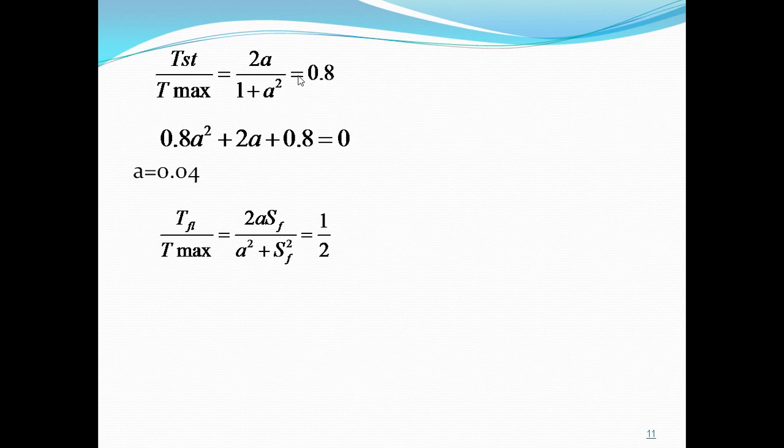Next, he has given a relation, T full load by T max is equal to 2as by a square plus s square, that is equal to 1 by 2. So substitute the a value, which is already there, 0.04, and with one equation and one variable, if you solve this, we can get the s value.